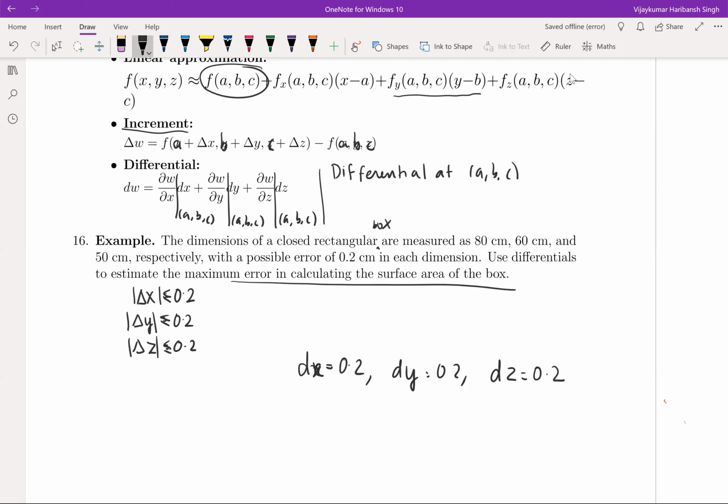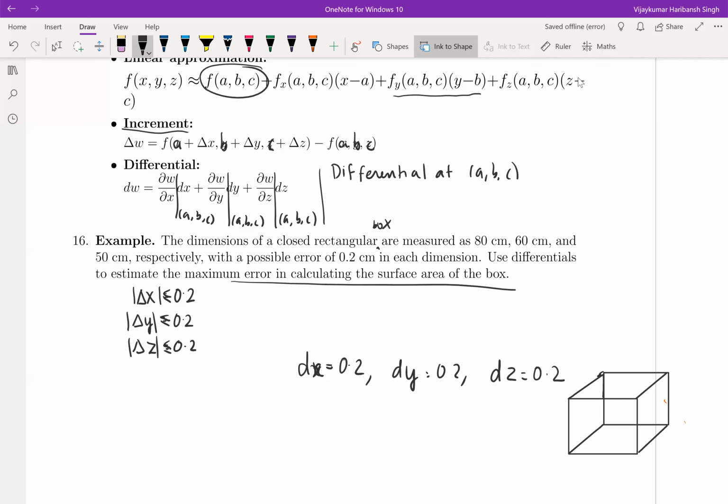So what is the surface area of the box? If we take the box whose dimensions are x, y, and z, so this is your x, this is the y, and this is the z, then the surface area S of x, y, z is given by the following.